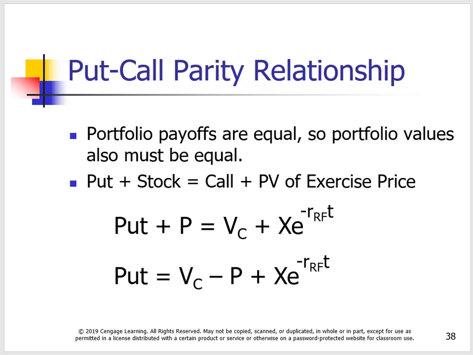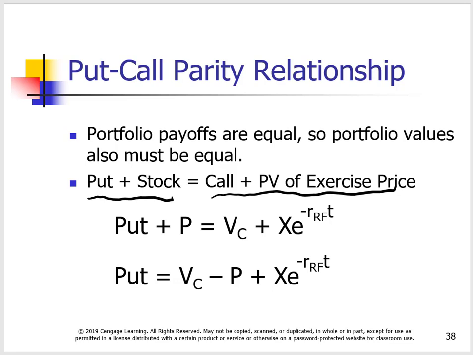If you take the value of a put and the value of a stock, that has to be equal to the call plus the present value of the exercise price. So put plus P equals the value of the call plus the exercise price, present value.